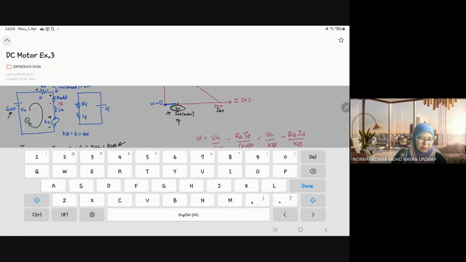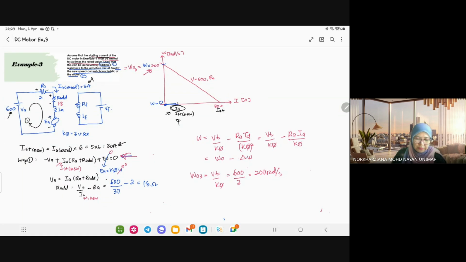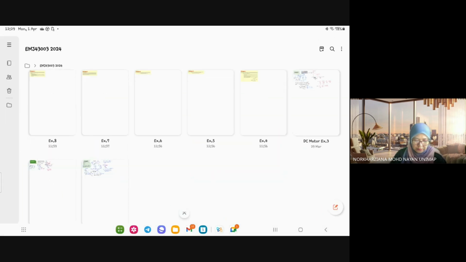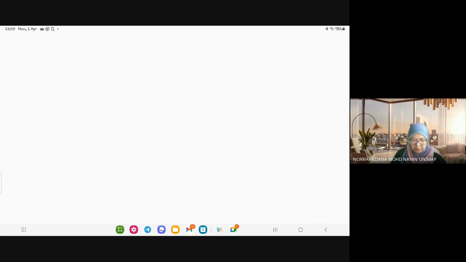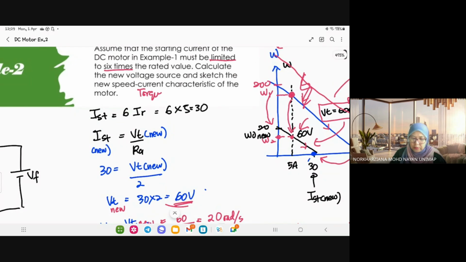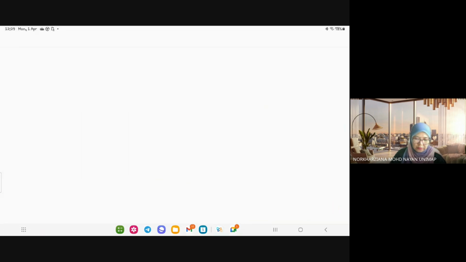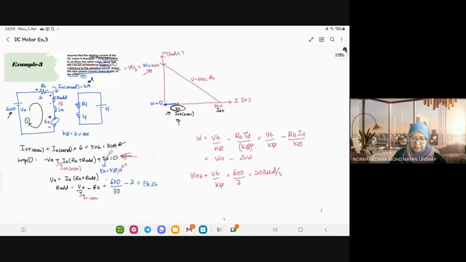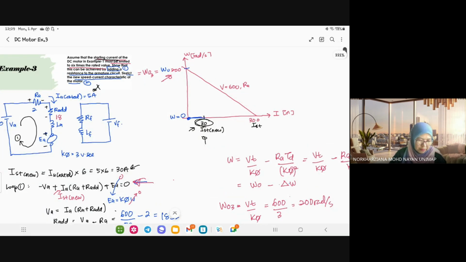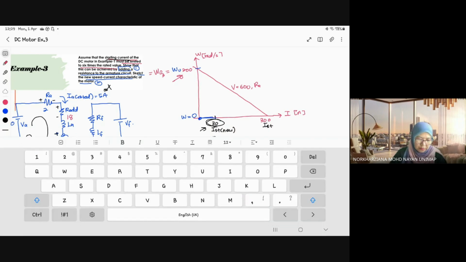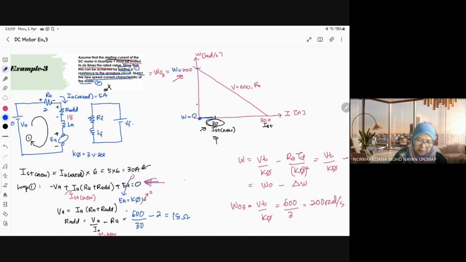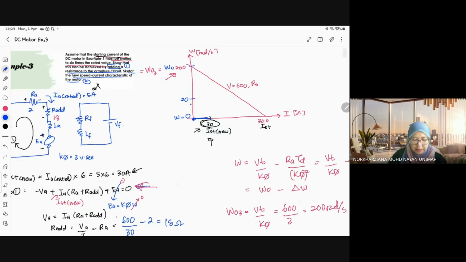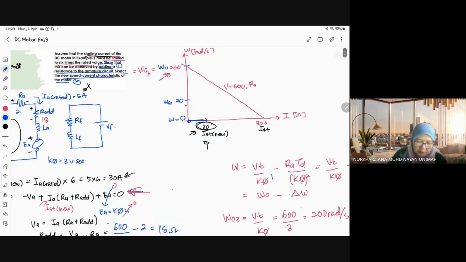And if you look at example 2, omega naught 2 is 20 radian per second. My scale here is not correct, but when you draw, you better use the correct scale. So this is omega naught 2.